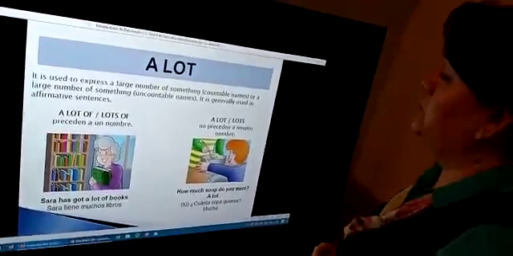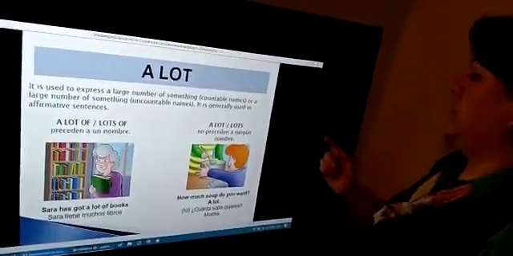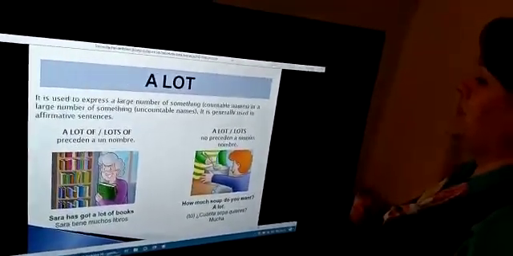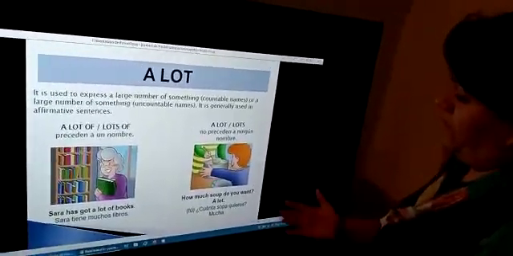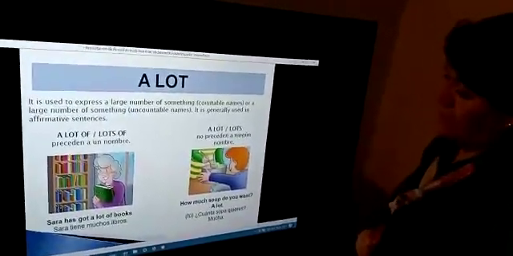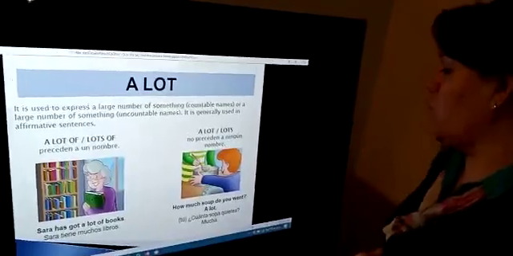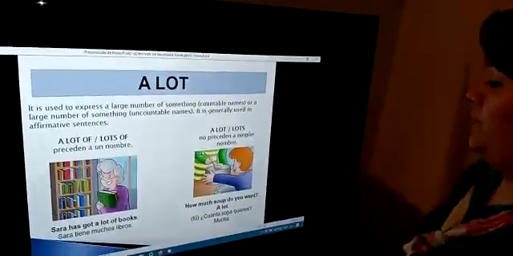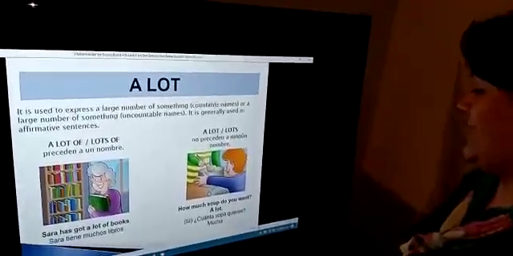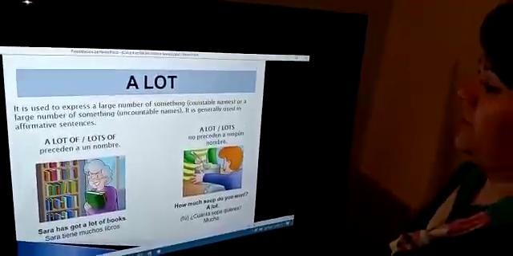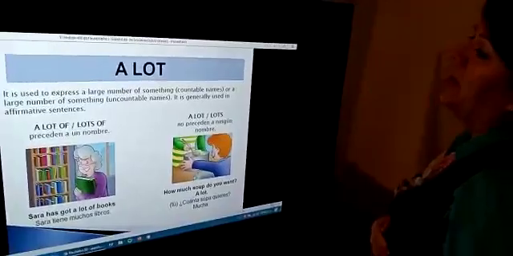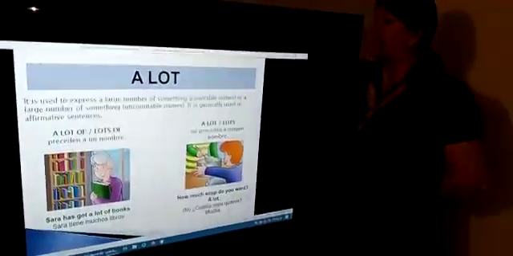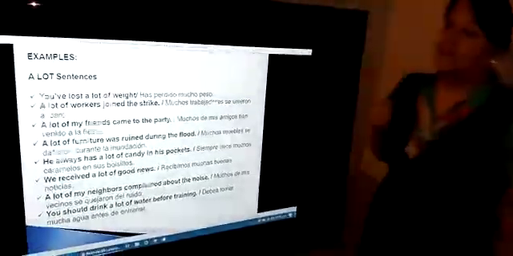The next picture is a lot or lots. No procede a ningún nombre. And a question in English say, how much soup do you want? A lot. ¿Tú cuánta sopa quieres? Mucha. And this a lot simple.